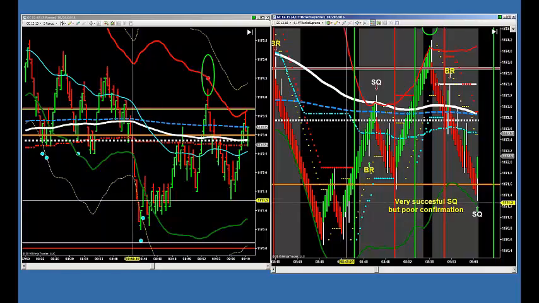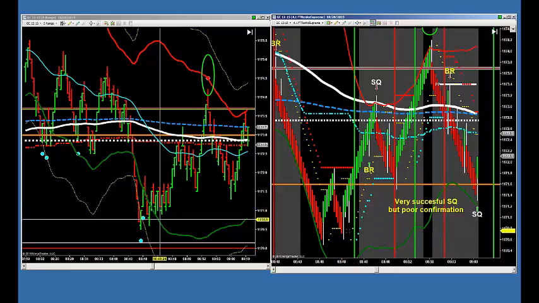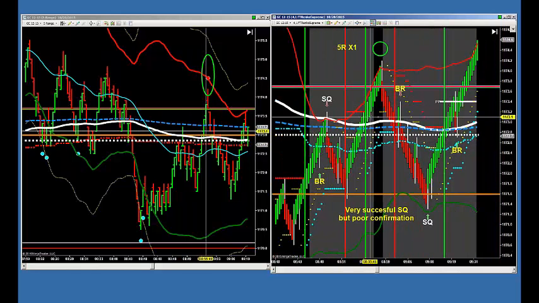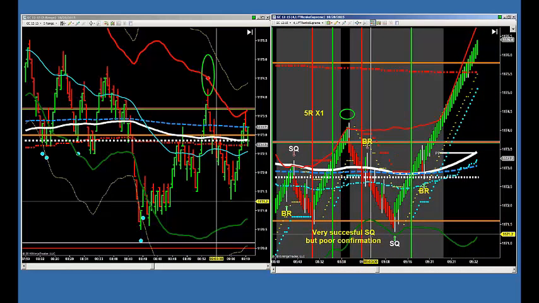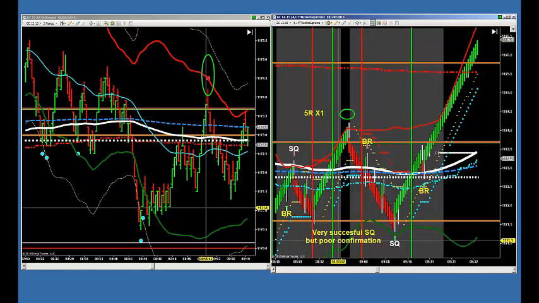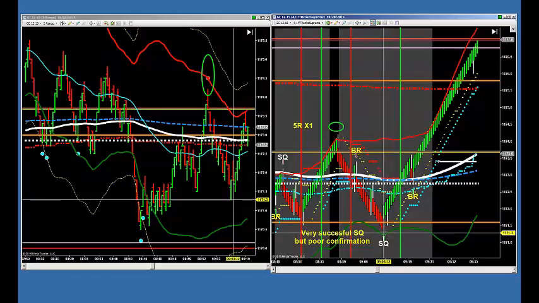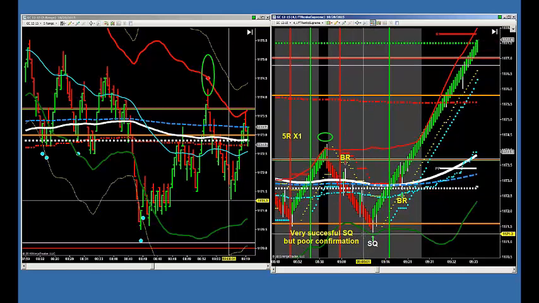Not trending, but did it just spike outside of that 3rd standard deviation? Those tend to work out quite well. My note here: very successful SQ, but poor confirmation. Again, if you look at that 5 range chart, there's just nothing. There's no help at all. So I tend to avoid that one.